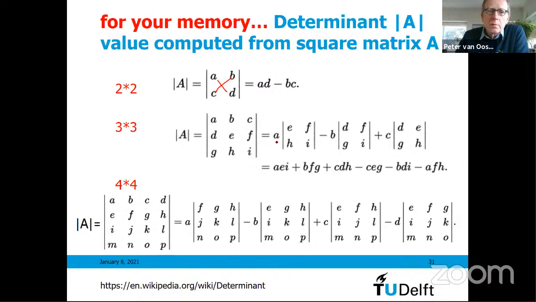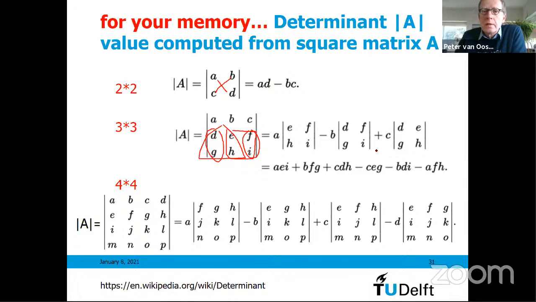If we are doing A here, then we take these together and compute the 2D determinant. Then we go to the B, there's a minus, and then we take these parts of the columns, and if we then go to the last part, it is again positive, and we do the 2D determinant of these values.